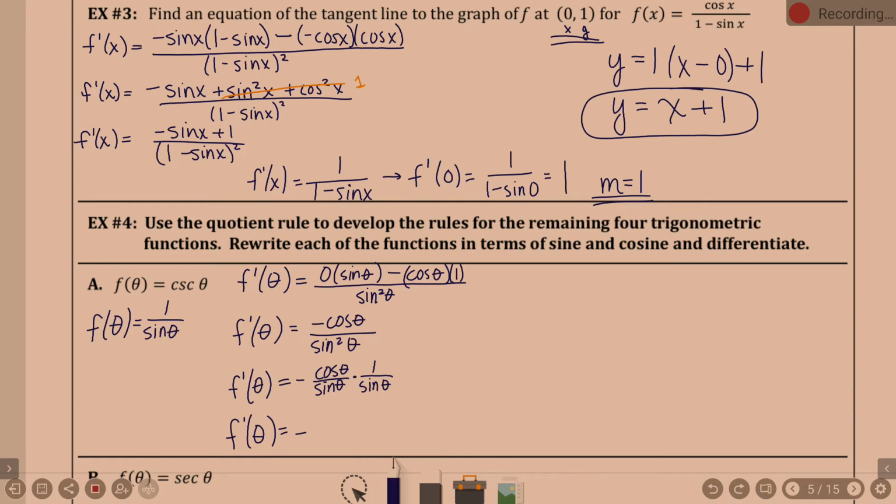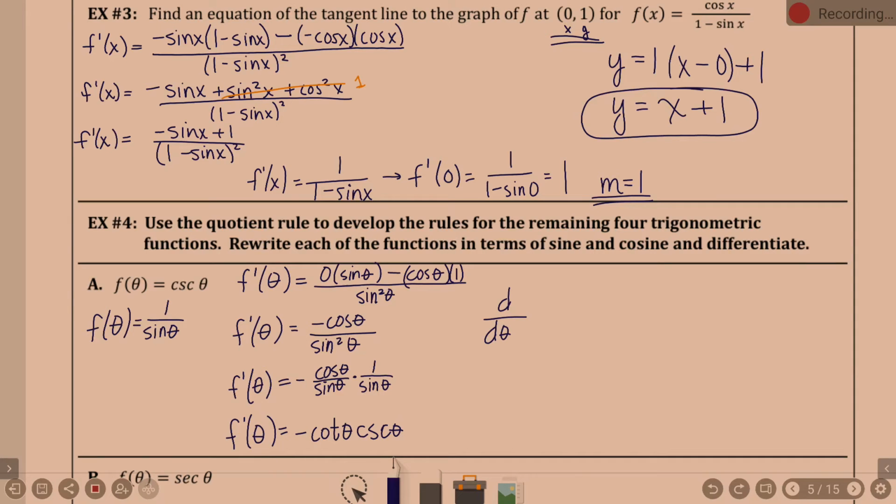Negative cosine over sine, you already told me, is cotangent. What's 1 over sine? Cosecant. So it has cosecant in it.